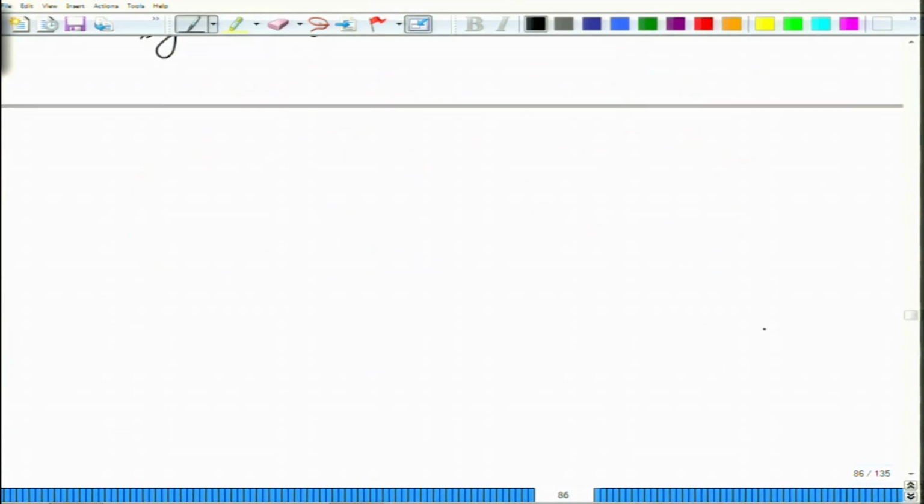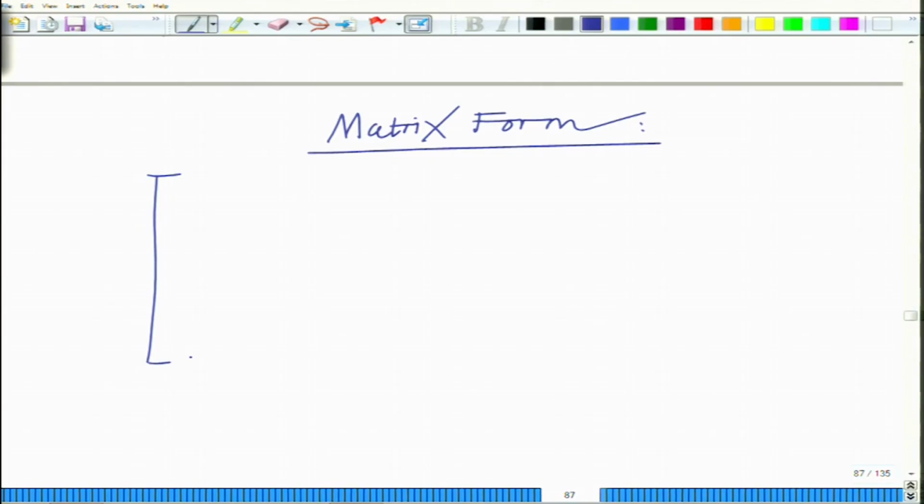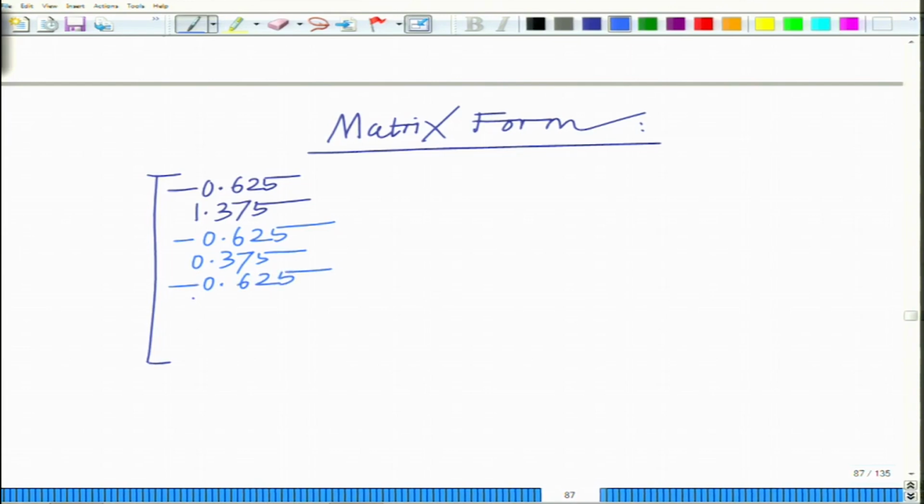I can write this in matrix form. You will have the vector on the right: minus 0.625, 1.375, minus 0.625, 0.375, minus 0.625, minus 1.625, 1.375 and 0.375. Perfect.